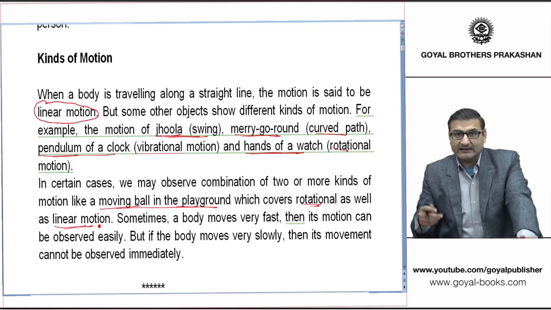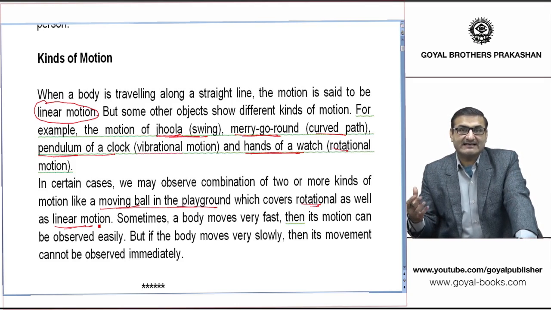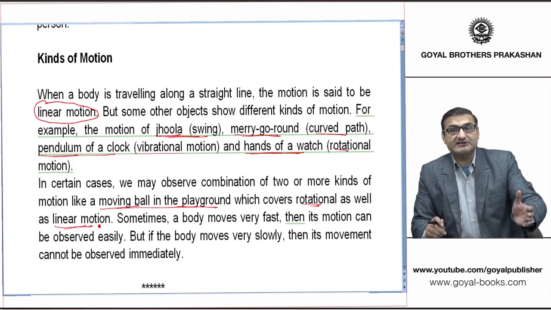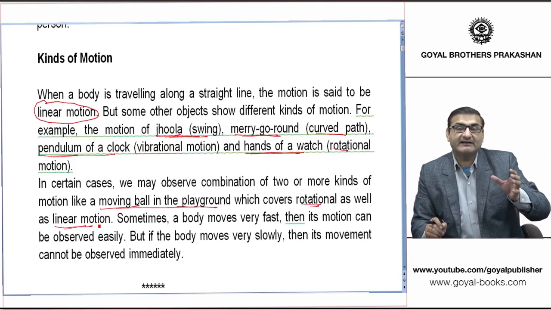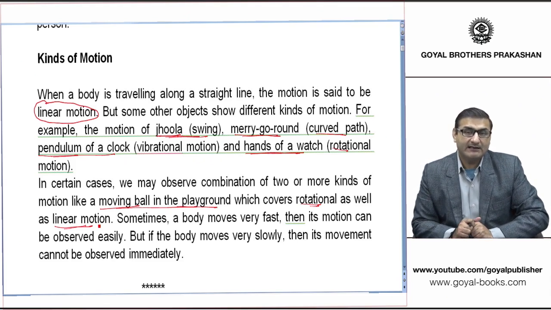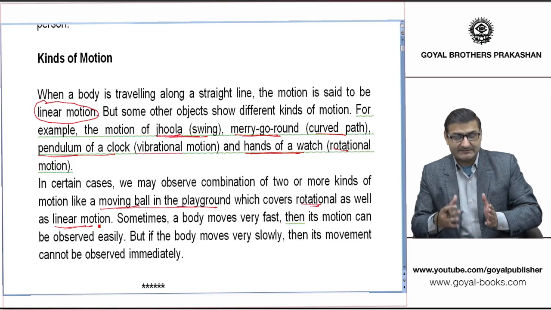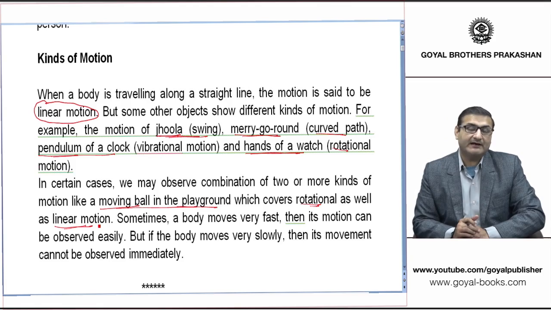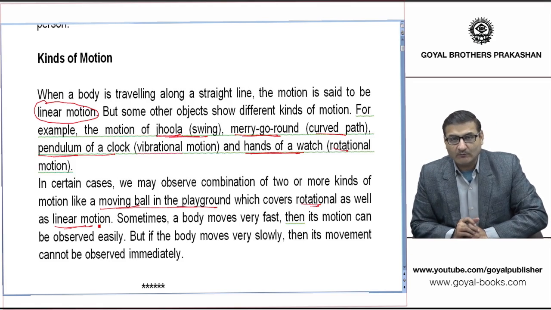So there are many times when objects exhibit more than one type of motion. Now when a body is moving fast, that means it is changing its position in a very short period of time, then the motion is easily visible. It can be observed quite easily. We can make out the change in one go.